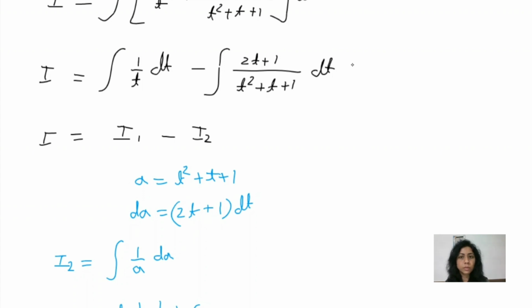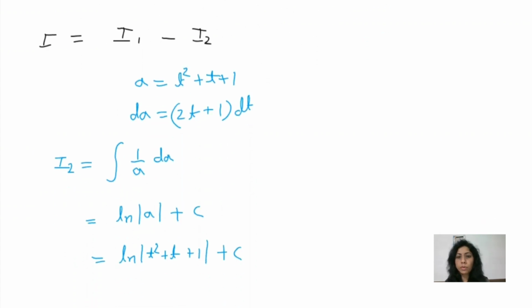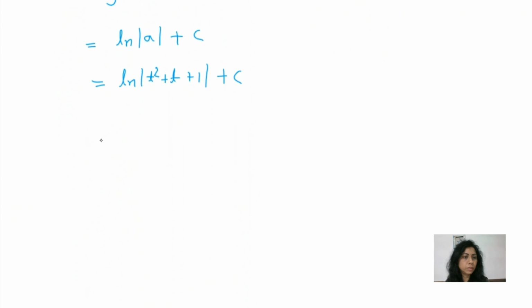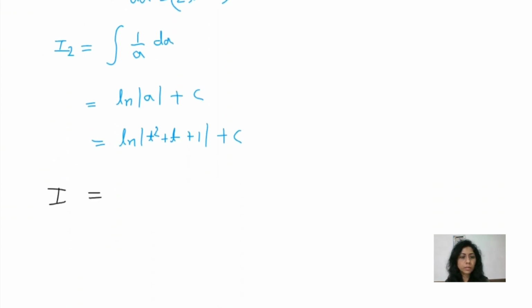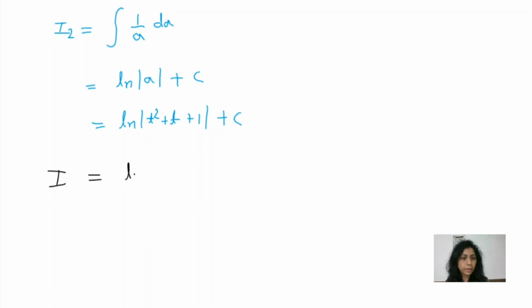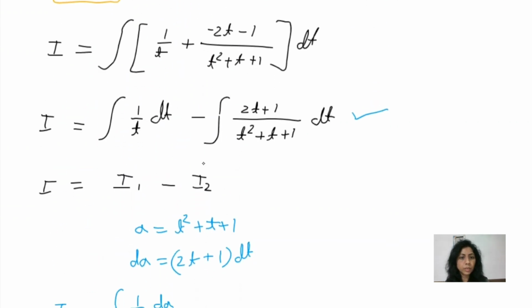So our I equation will be ln absolute value t minus I2, and this I2 value we can substitute here.